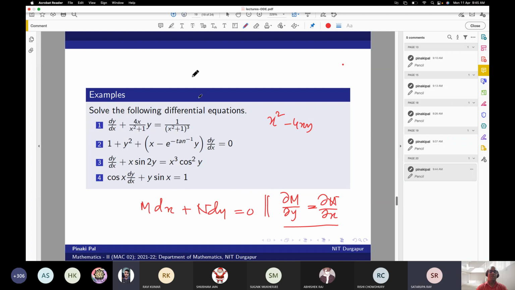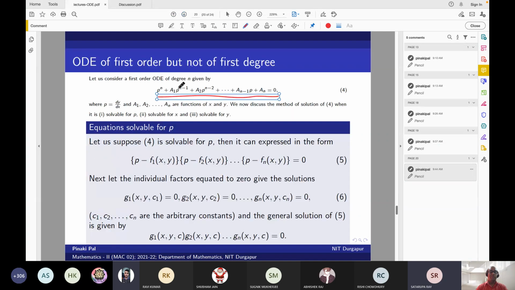So now a first order, nth degree differential equation can be written in this form, where a1, a2, an are functions of x and y. Now these equations can be solvable for p. That means we can express the given differential equation as a product of linear factors of p: p minus some function of x, y, then p minus another function of x, y, and so on.